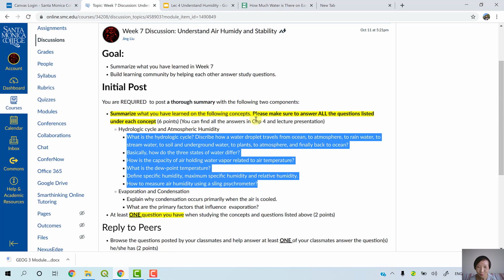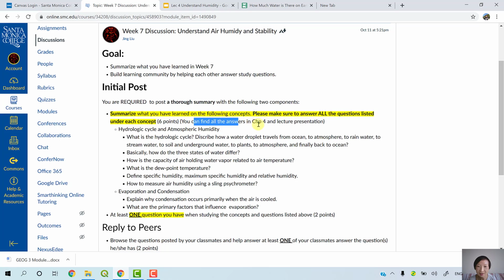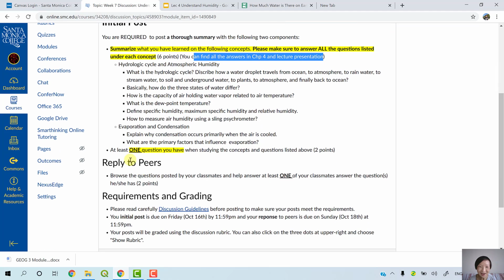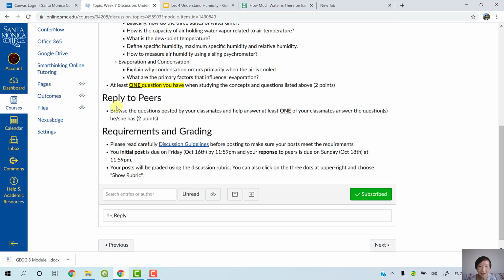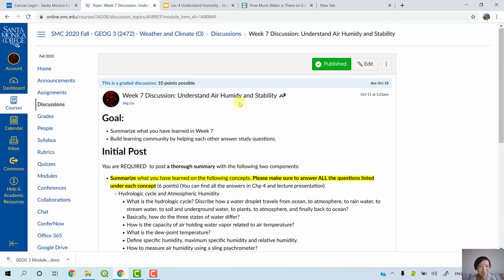But don't worry, you can find all the answers in chapter 4 and the lecture presentation. I want you to read your chapter and my lecture presentation carefully. Then don't forget to ask at least one question when you study, and then reply to your peers, same thing.